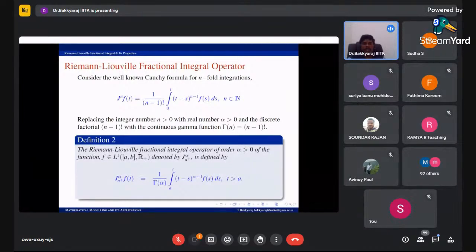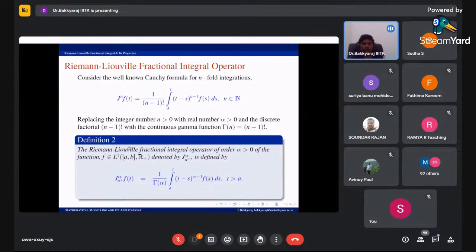We call it the Riemann-Liouville fractional integral operator of order alpha greater than 0, by simple observation, using the generalization of the factorial function by the gamma function. So that is the alpha order fractional integral operator, the integral from a to t of (t minus s) power alpha minus 1 times f of s ds. You just replace n by alpha and factorial by the gamma function. That's all. It's very simple.